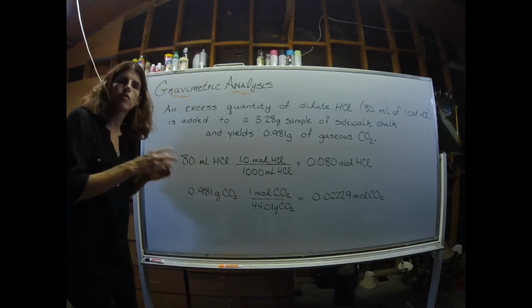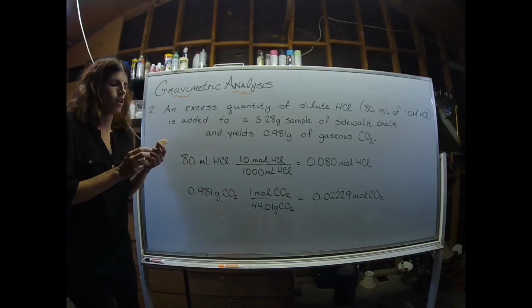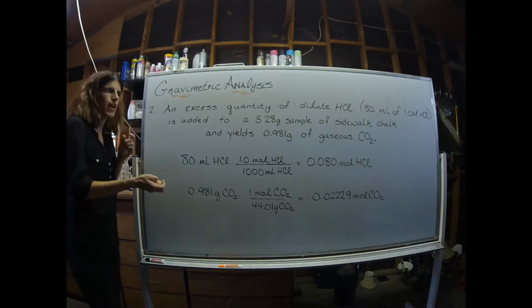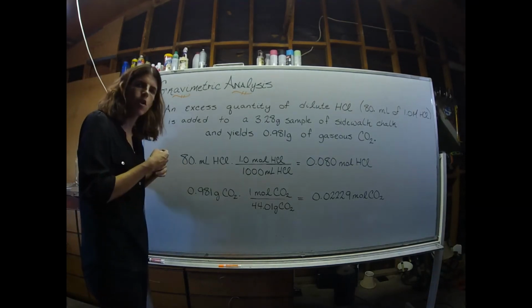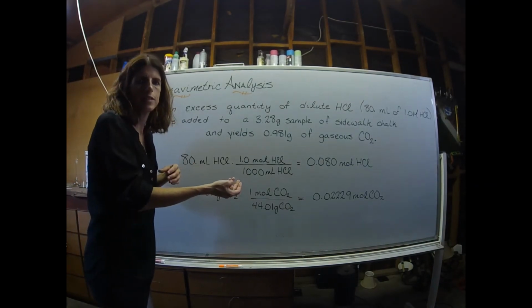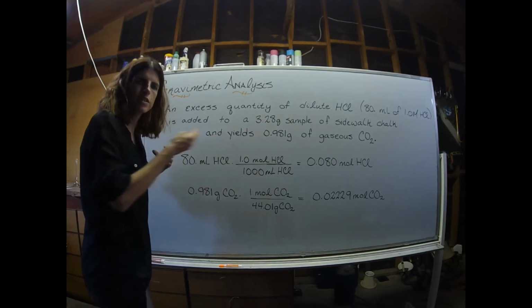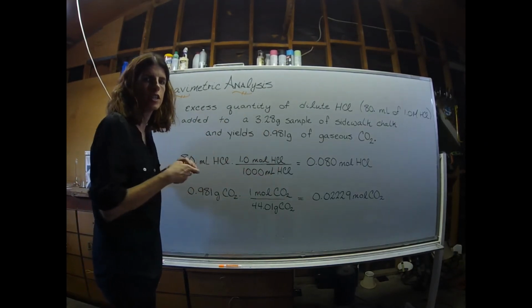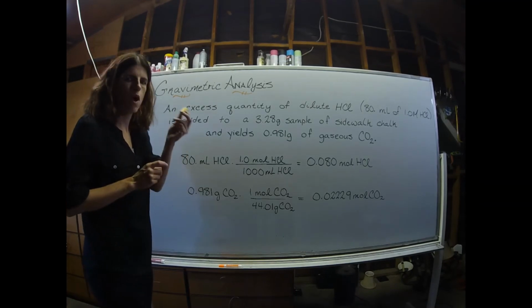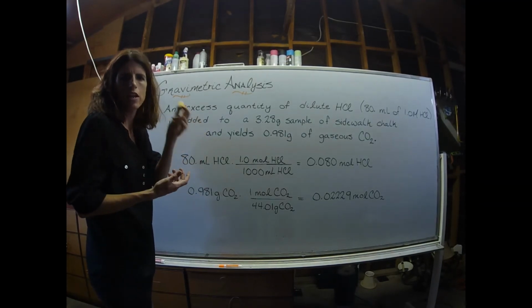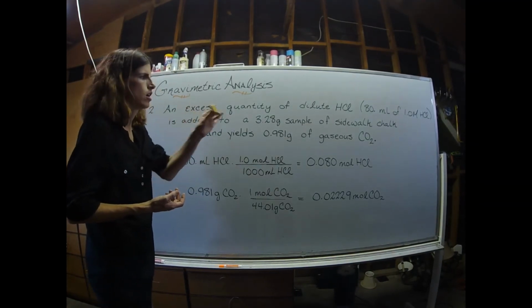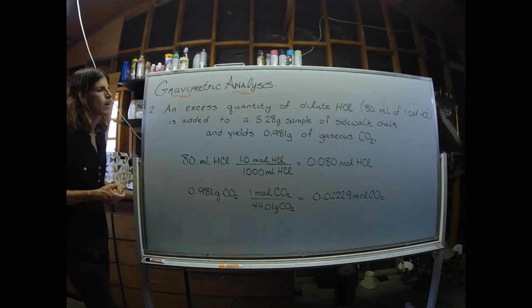But there's a bunch of other stuff in the sidewalk chalk. But our goal here, we're going to take advantage of the reaction of calcium carbonate with hydrochloric acid that produces carbon dioxide. We're going to take advantage of that reaction to determine what mass or what percent of calcium carbonate is in our sidewalk chalk.